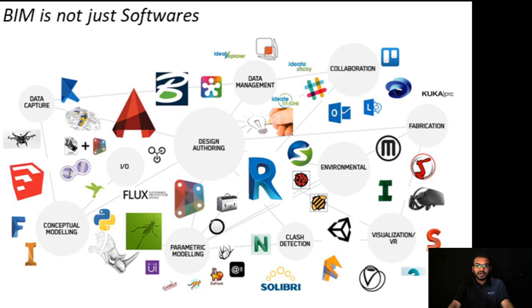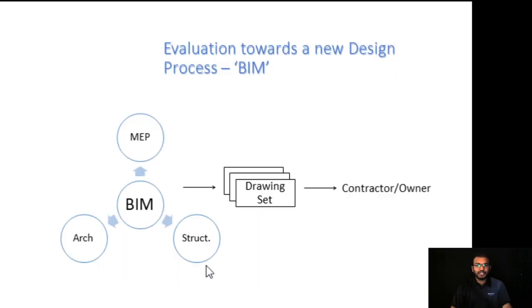Now, if you go into the site, I am taking you a little more into the procedure. In my picture, you can see the evolution towards a new design process, and how BIM is properly implemented.